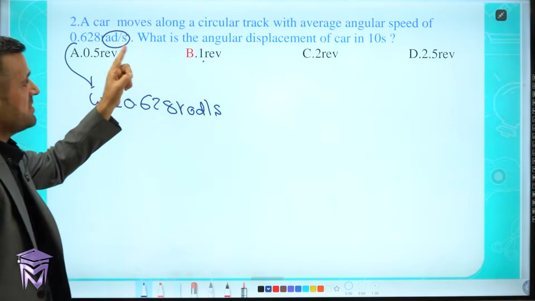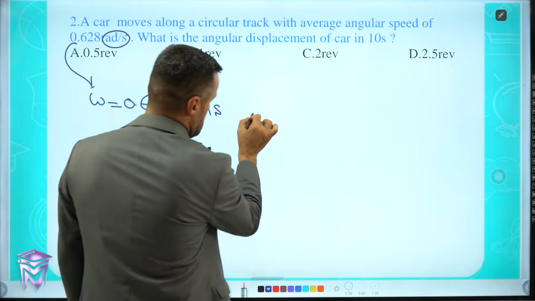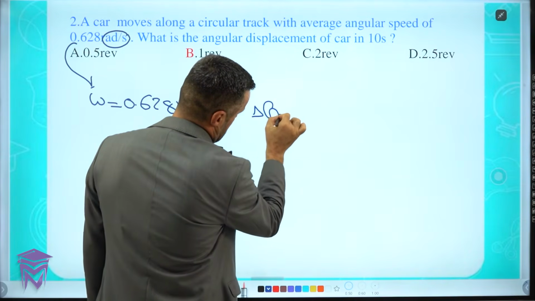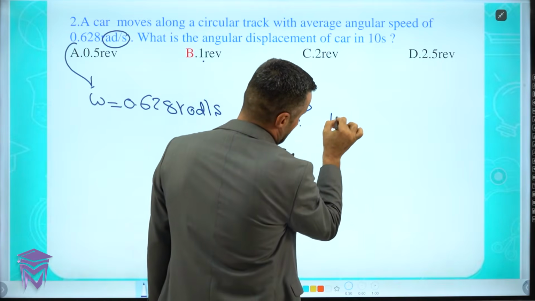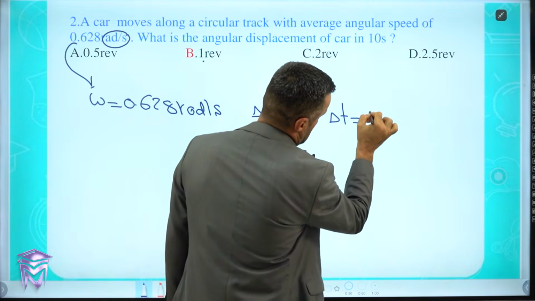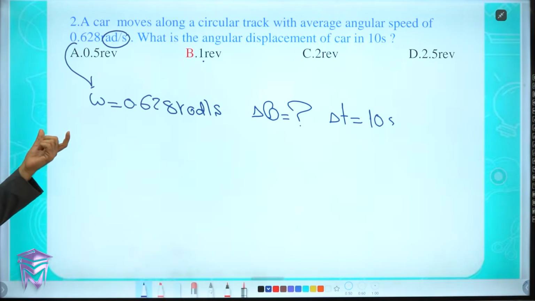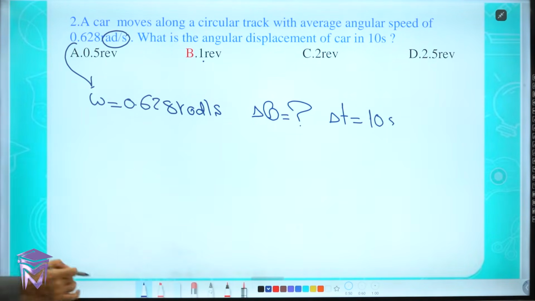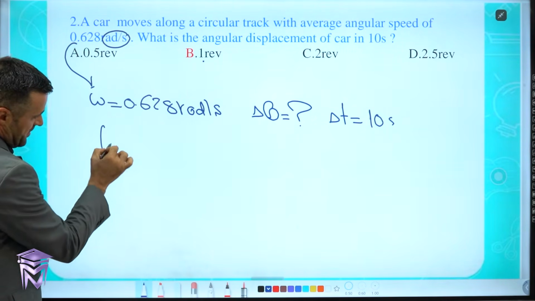After that, what's the angular displacement of the car in 10 seconds? This means that we have to find angular displacement of the car, but in time of delta t equals 10 seconds.